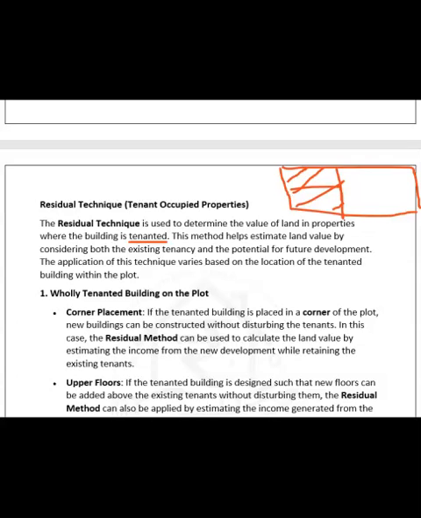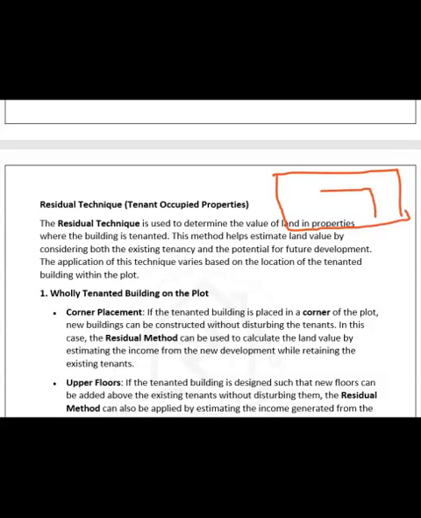If this building is in the center, then it will be very difficult to construct a building above this building.